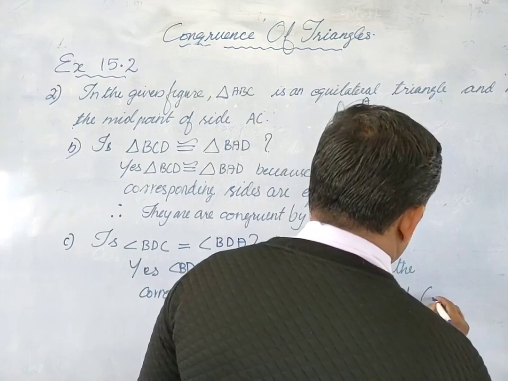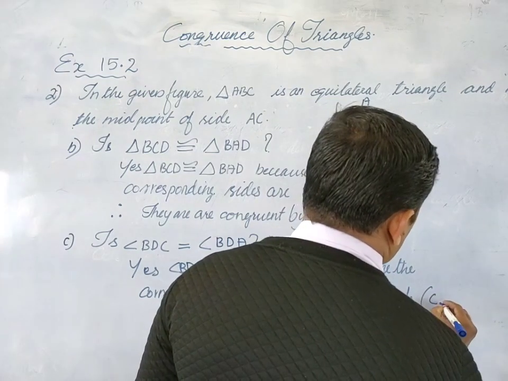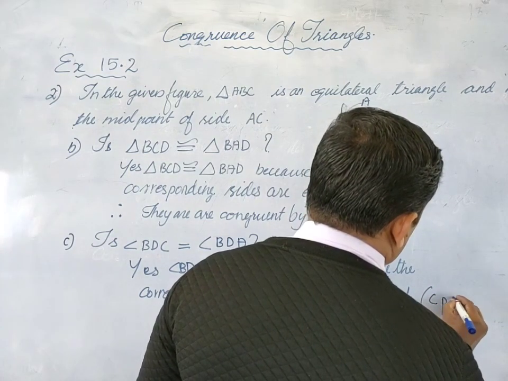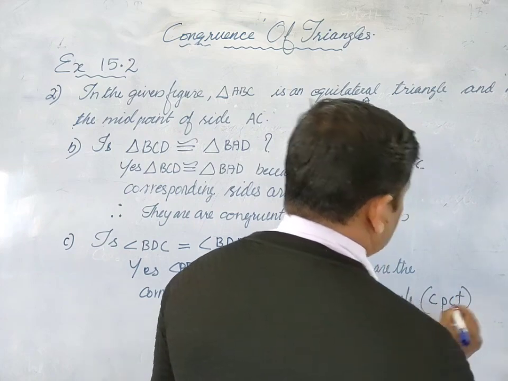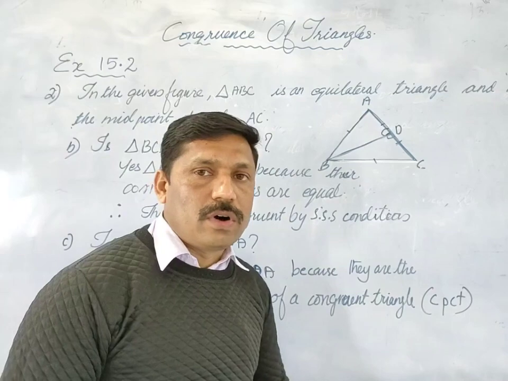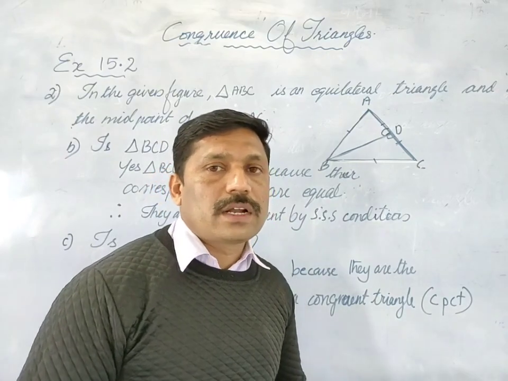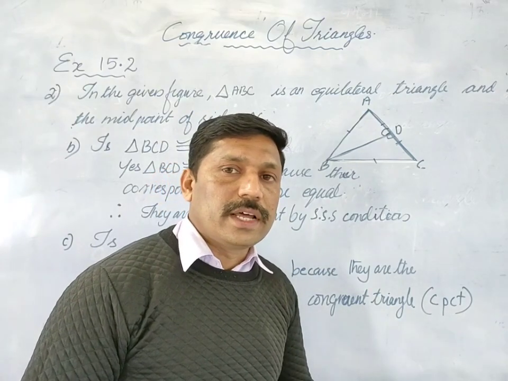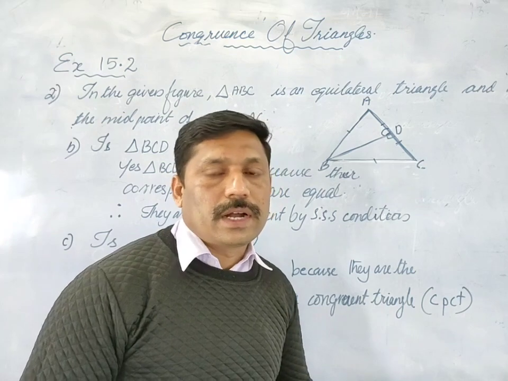That is, by corresponding parts of congruent triangles, that means CPCT. By CPCT rule, we can say that they are equal, because if two triangles are congruent, then their corresponding angles are also congruent.